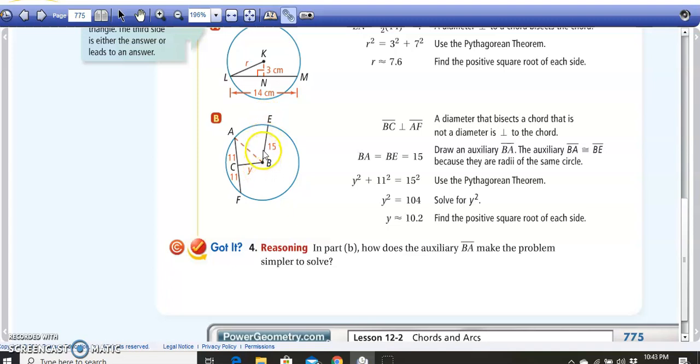We may move the radius all around the circle. Let's write it in this distance. The distance AB is the same distance as BE. How do I know? Because it's the radius. Now, the right triangle that we will use here is a right triangle with the hypotenuse 15, with a leg y, and with a leg 11. That is what we have in this example.